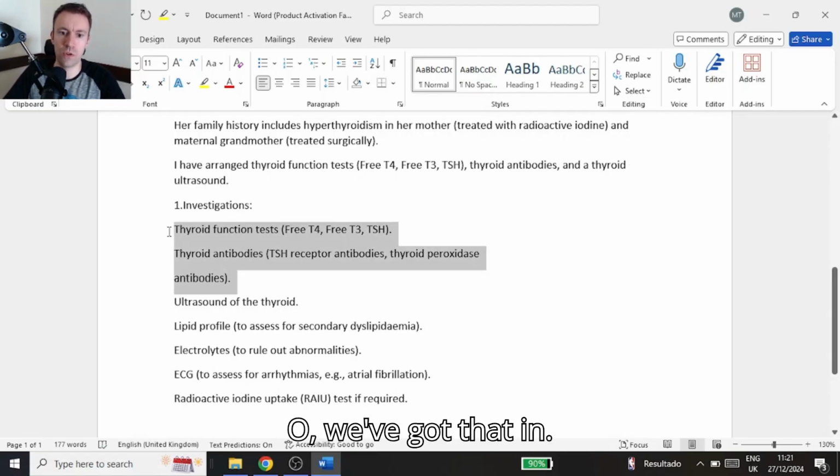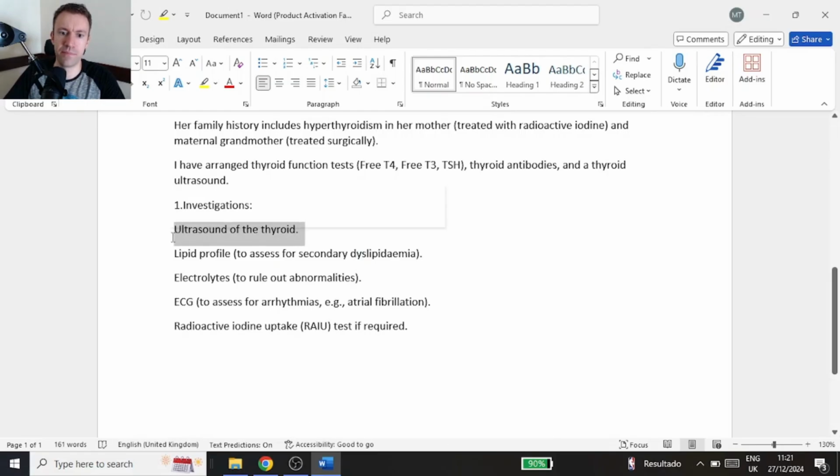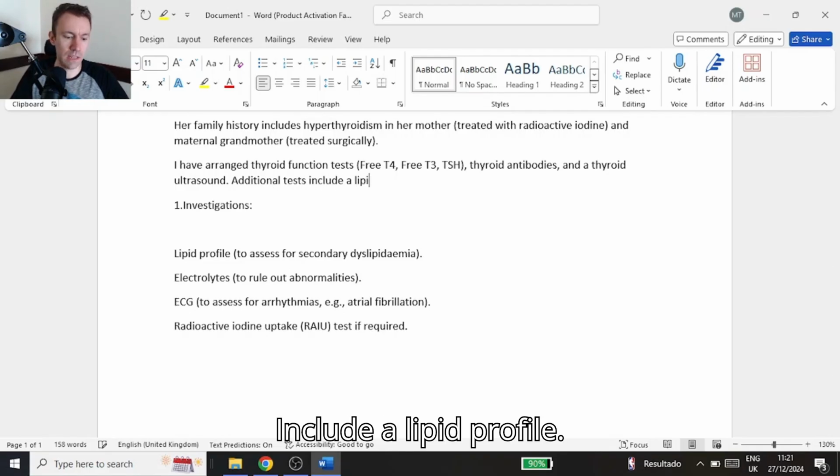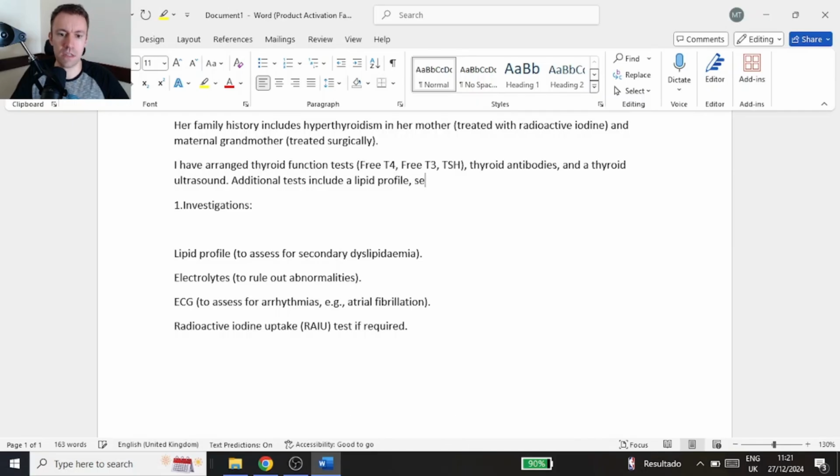So we've got that in. Additional tests include a lipid profile, serum electrolytes, and an ECG.